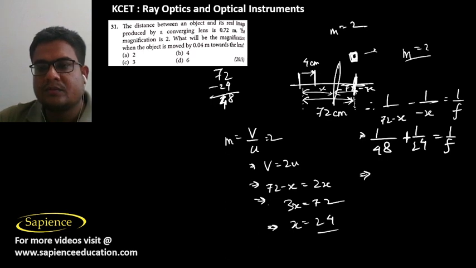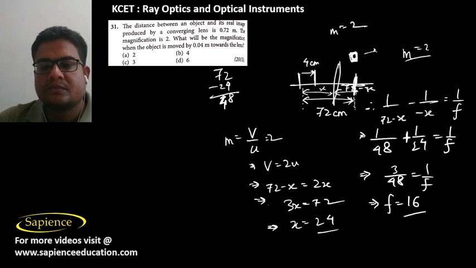So this will be 3 by 48, that is equal to 1 by f. So f is equal to 16. Focal length is 16 centimeter. What will be the magnification? It is moved by 4 centimeter towards the lens.